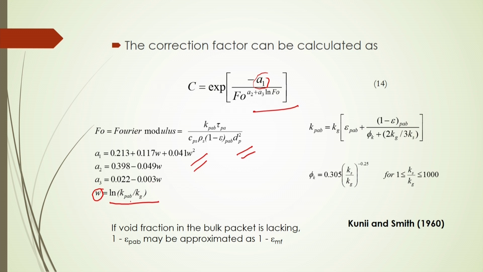This is actually the logarithm of the ratio of the thermal conductivity of the packet particles to that of the gas. So, here this W and other factors like particle concentration and particle size are also very important to find out A1, A2 and A3.